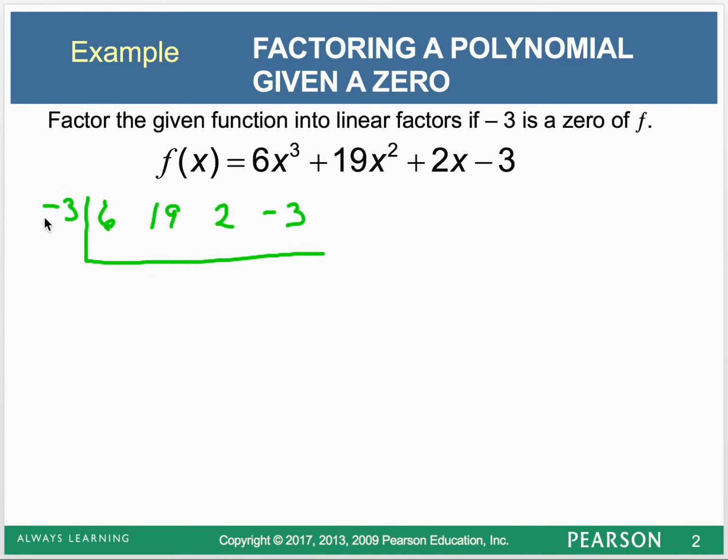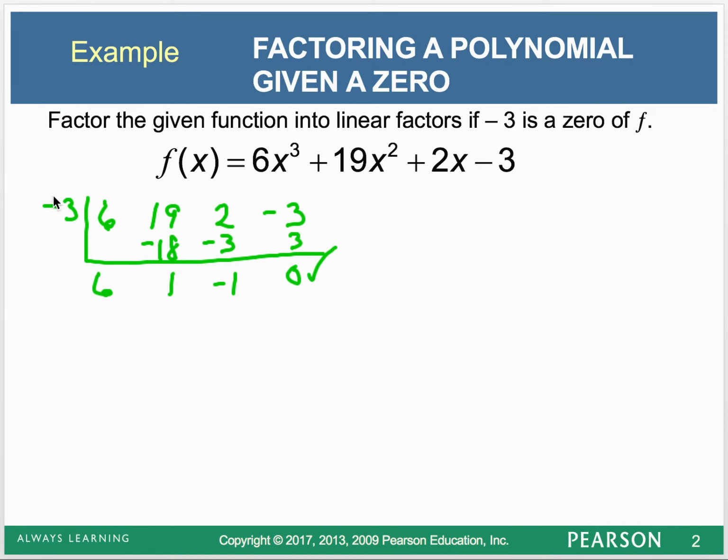If negative 3 is a 0, I better get a 0 over here. So bring 6 down. Negative 3 times 6 is negative 18. Add them together. Negative 3 times 1 is negative 3. Add them together. Negative 3 times negative 1 is positive 3.